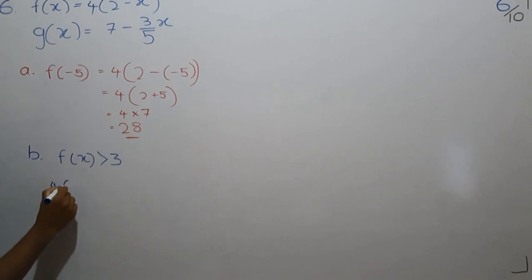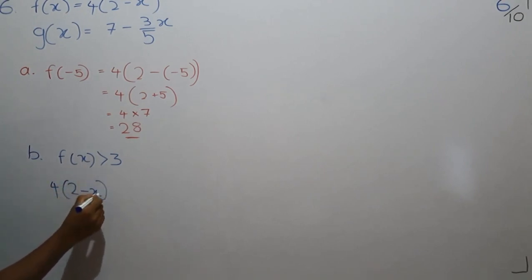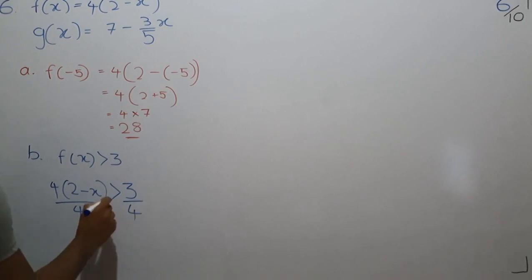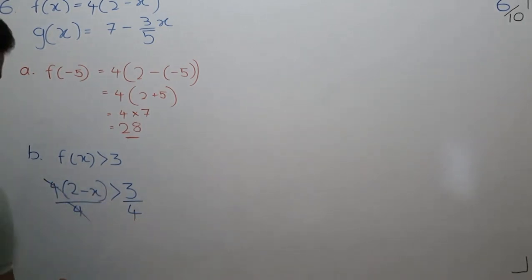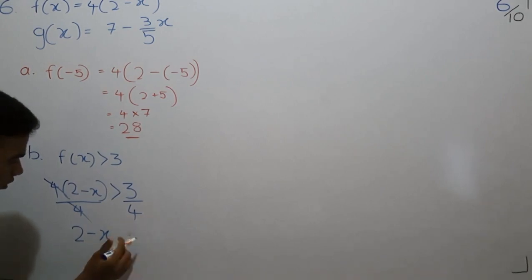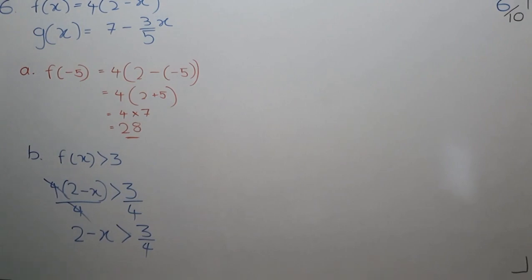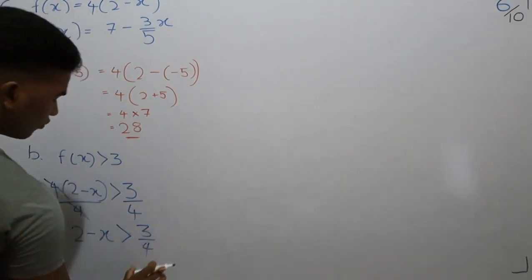So for 4 into 2 minus x greater than 3, divide both sides by 4. Similarly, like the equal sign, nothing different. So 2 minus x is 3 divided by 4. You can take the minus x to this side and 3 over 4 to this side.